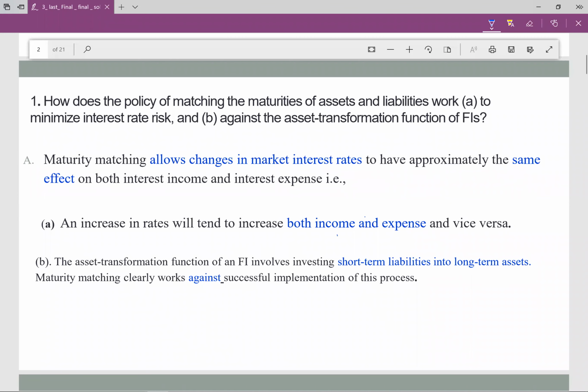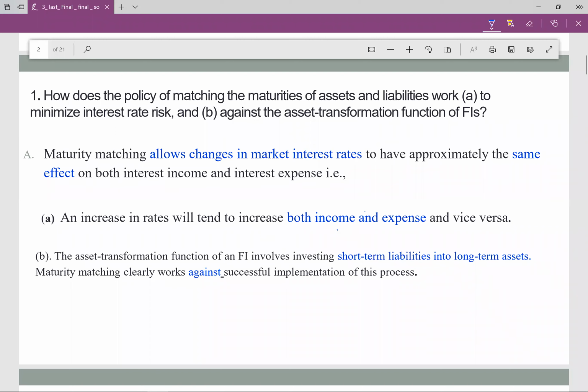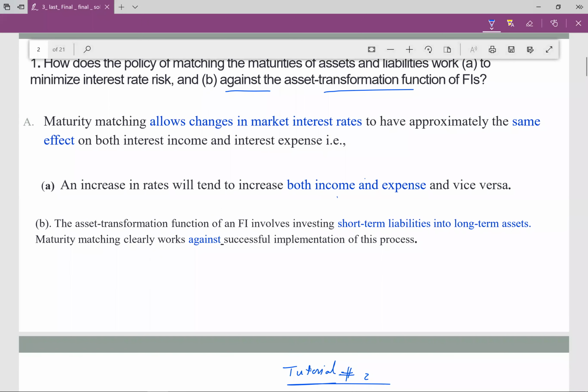Okay. Now, my friends, let's go and talk about the first question. How does the policy of matching the maturities of assets and liabilities, they ask, work against asset transformation? What do they mean? Okay, if I am an interest rate manager, I'm trying to manage it. My concern is the gap.